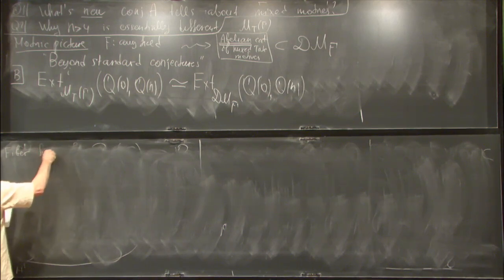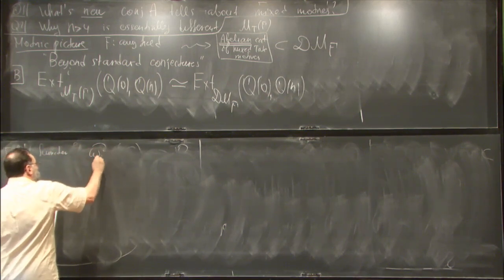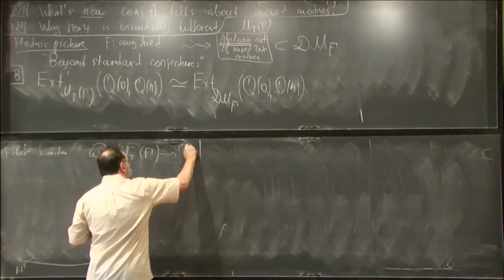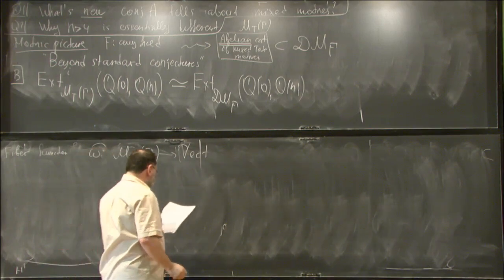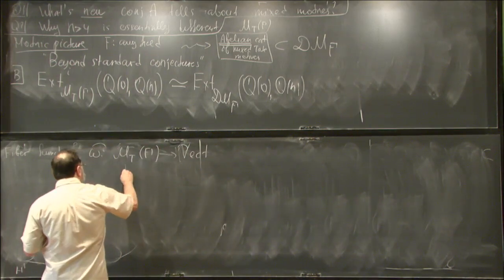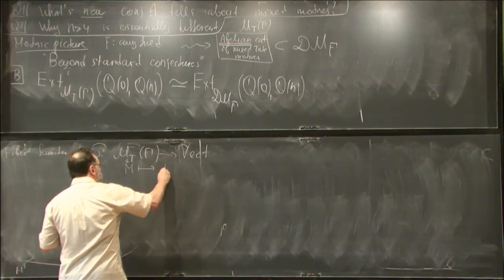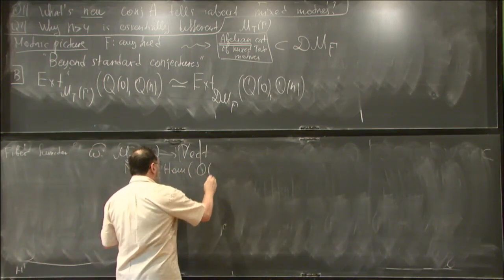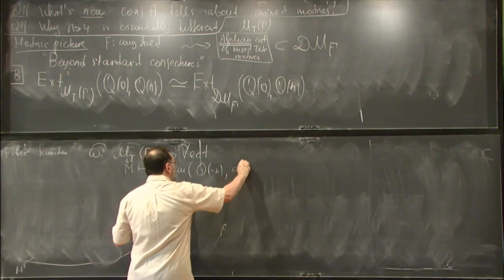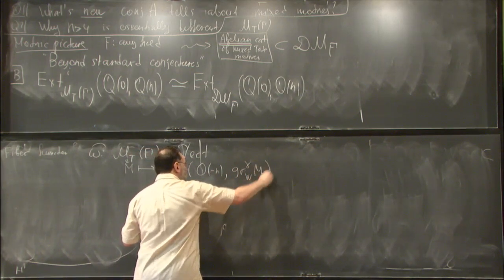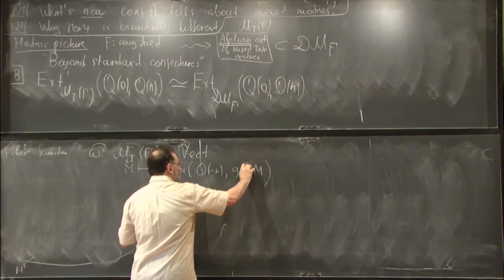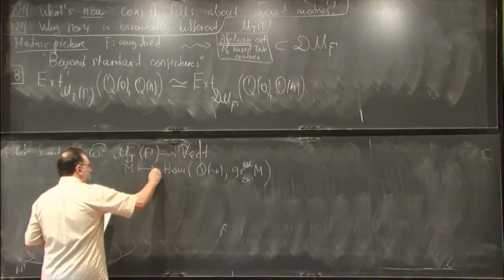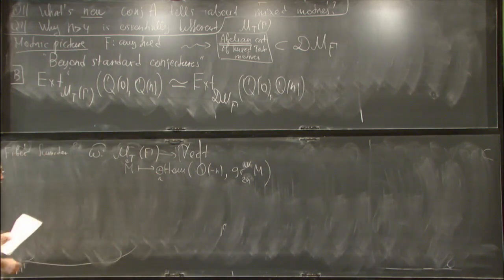Then there is a fiber functor omega from MT_F to vector spaces, which is a usual thing in this story, which takes a mixed motive M and assigns the sum over all n of Hom from Q(-n) to gr_n^W of M, with respect to the weight filtration W. And this is just a vector space.